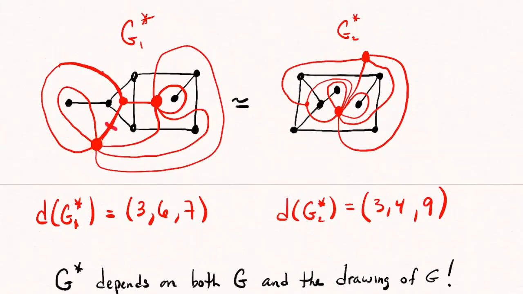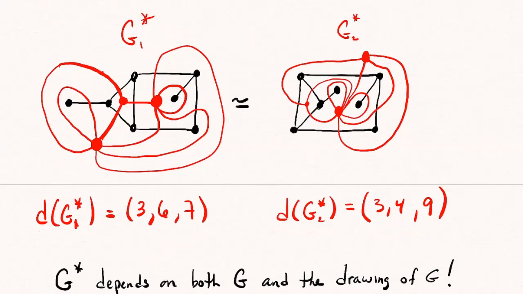Is it 1, 2, 3, 4, 5, 6, 7? No, sorry, that vertex has degree 7. This vertex inside the box there has degree 6: 1, 2, 3, 4, 5, 6 edges. So its degree sequence is 3, 6, 7. G2 star has the same order, it also has 3 vertices, but its degree sequence, I'm not going to verify it, you can stop the video, is 3, 4, 9.